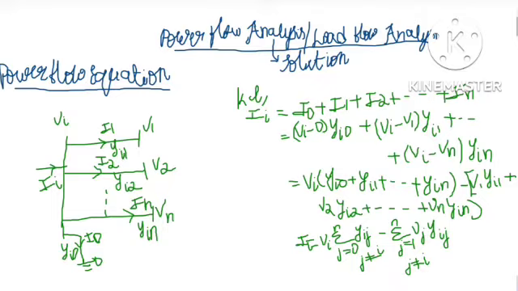Ii is equal to the sum of currents: incoming currents are equal to outgoing currents. So Ii equals I0 plus I1 plus I2 and so on, plus In.